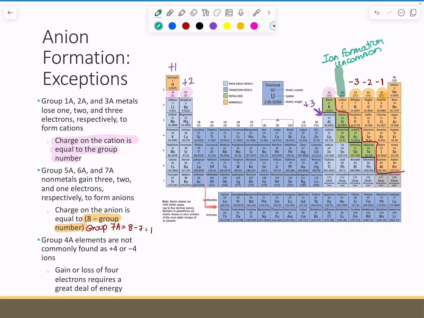And when we talk about bond formation, instead of taking up electrons or giving them, these elements tend to share electrons. So share instead of gaining or losing. And that's what we call covalent bonds.